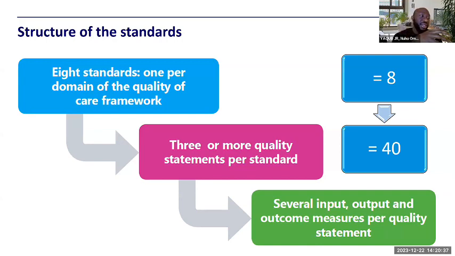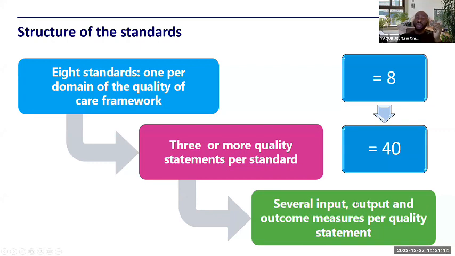So what are the inputs needed? How can you measure if you're meeting the statement from the input level? How can you measure from a process level, which is what's happening, and the output level, and what are the outcome measures? These measures are actually important because, particularly at facility level, when you're setting up quality improvement projects, when you're trying to improve quality of care, it's these measures that you use to set your quality improvement areas and agenda, because these are the objectives.